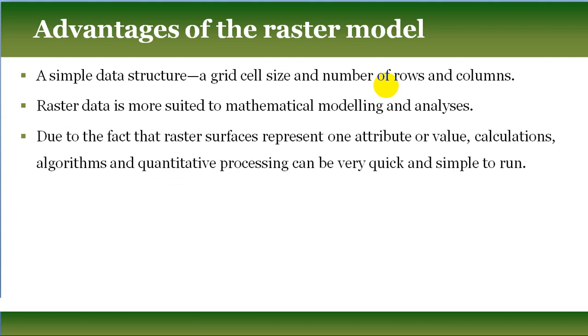Due to the fact that the raster surface represents one attribute or value, because I told you in my last video lecture that every pixel contains some sort of attribute value. So due to this fact, where a pixel or grid contains attribute information, calculations, algorithms and quantitative processing can be very quick and simple to run.